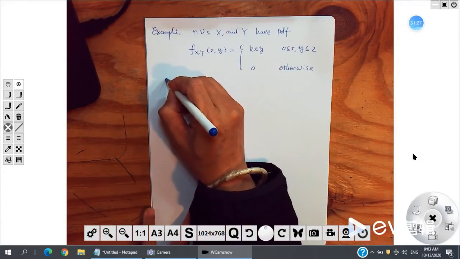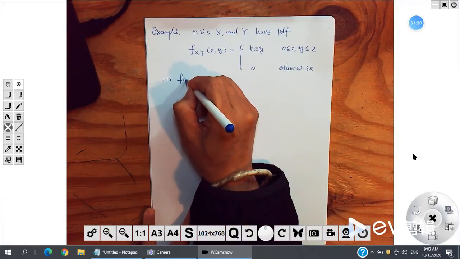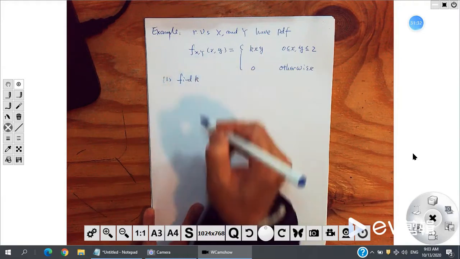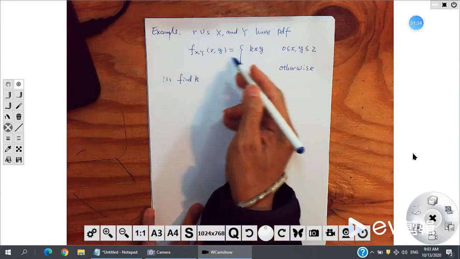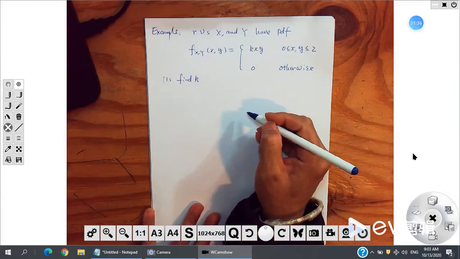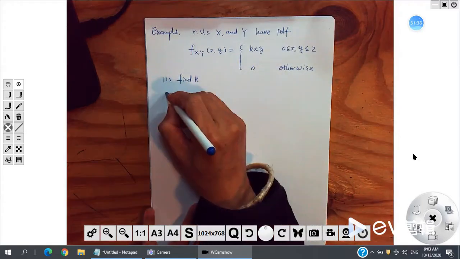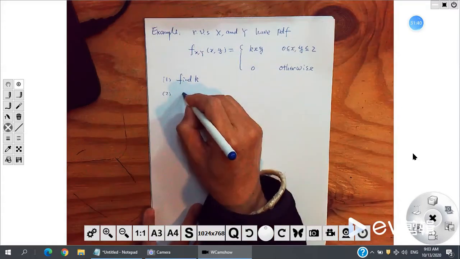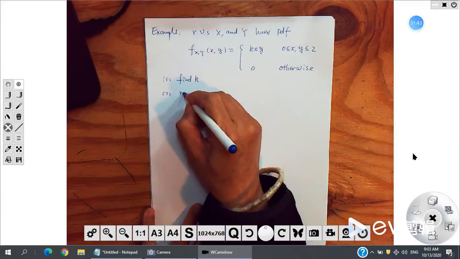The first one, of course, is to determine k. Secondly, we want to find the marginal distribution.